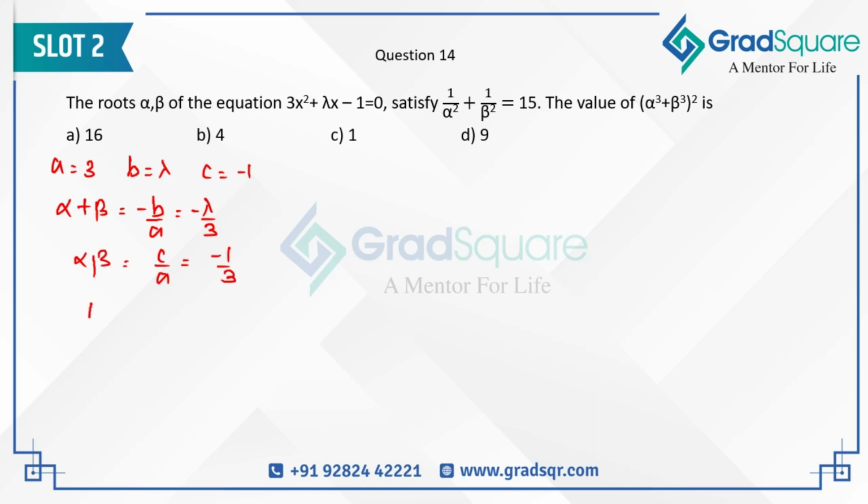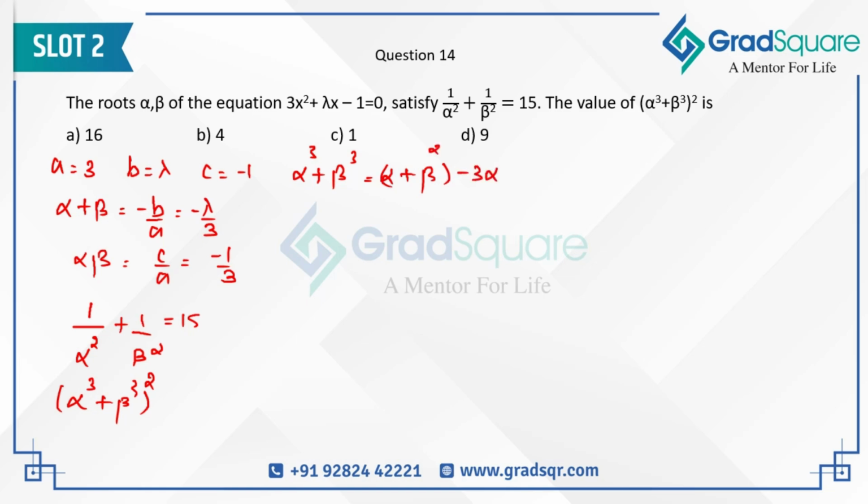And we have also been provided with 1/α² + 1/β² equal to 15, and we are required to calculate the value of (α³ + β³)². So first of all, what is α³ + β³? I can write α³ + β³ as (α + β)³ − 3αβ(α + β).